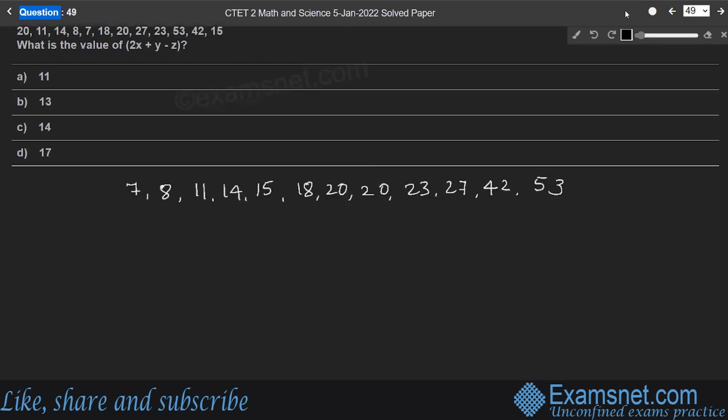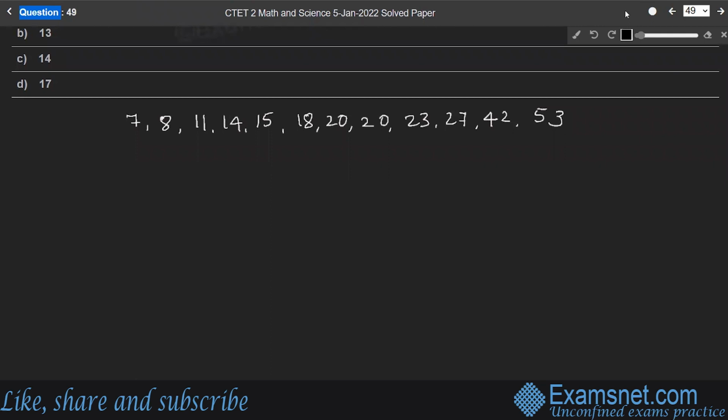So here number of terms is equal to, so 3, 6, 9, 12. So number of terms, n is equal to 12.